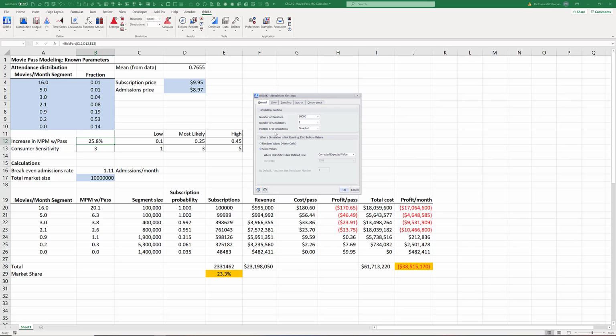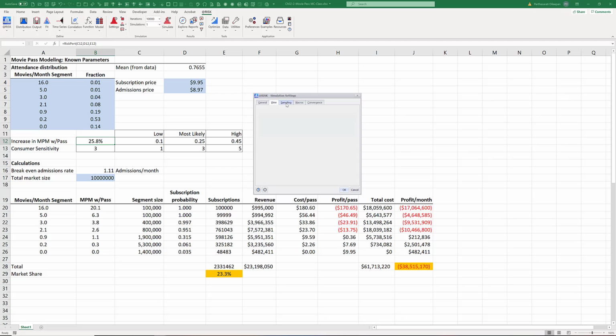Number of iterations, number of simulations. For multiple CPU simulations, you should really set this to automatic. When it is possible to use multiple threads in the CPU, @Risk will use that, and that will speed things up in terms of running those replications.